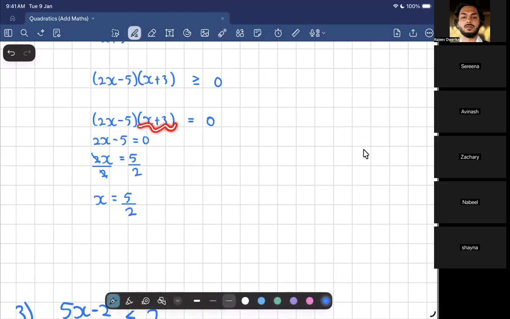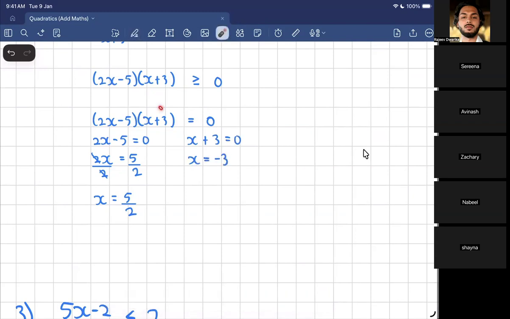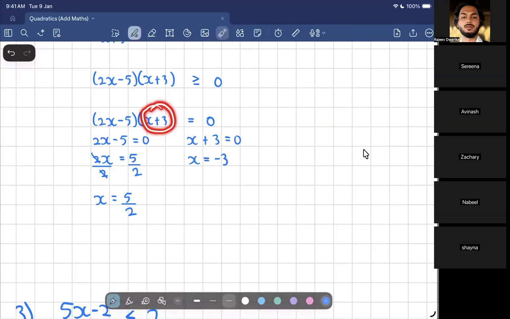How will I figure out the other value of x? It will be x is equal to minus 3. Yeah, x plus 3 is equal to 0, and x is equal to -3, because when x is -3, doesn't it make the bracket 0? Great.